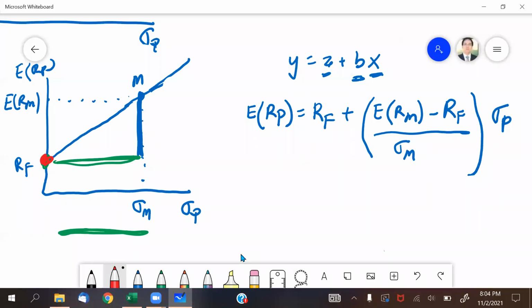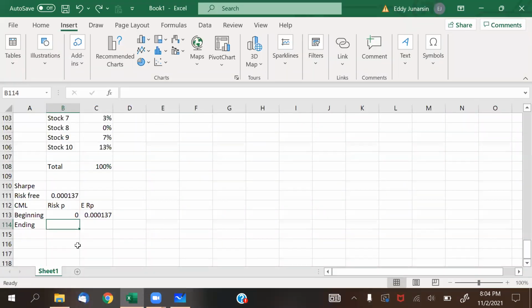So the ending line would be somewhere, wherever you want to end up, here or anywhere. Just imagine where the ending line is. What is the maximum risk?